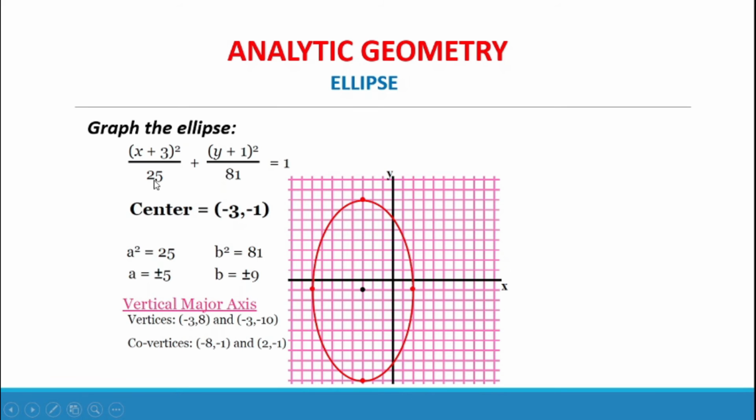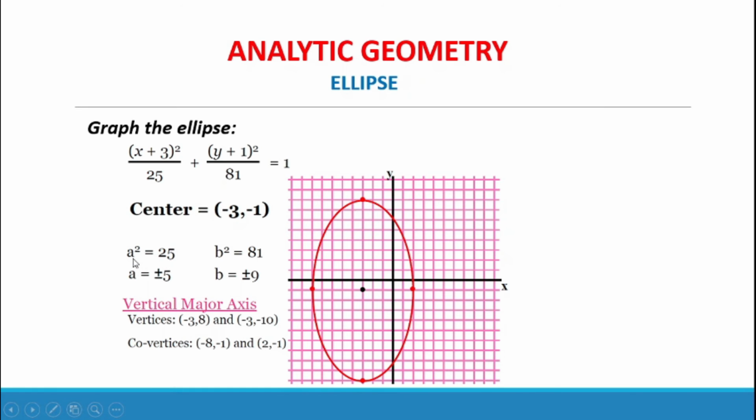The denominator for x squared is 25, and for y squared it's 81. So the larger denominator is at y squared, that's 81, and the major axis is the y-axis. Therefore, b squared is equal to 81 and a squared is equal to 25.